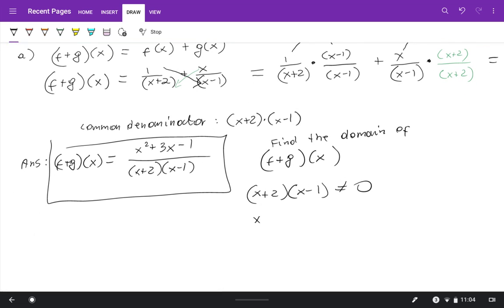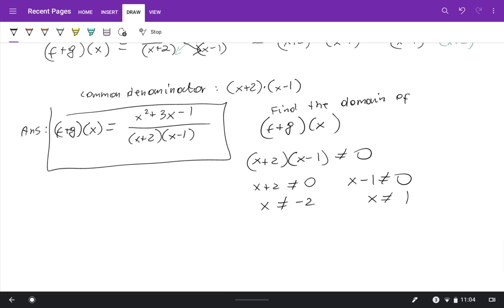So x plus 2 cannot be equal to 0, x minus 1 cannot be equal to 0, which means x cannot be equal to negative 2, x cannot be equal to 1. So the domain is the set of all x such that x cannot be equal to negative 2, x cannot be equal to 1.